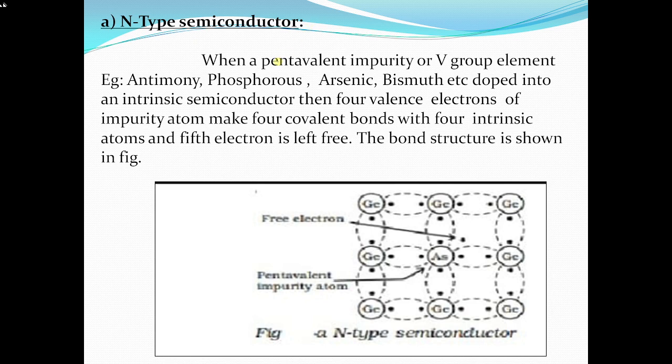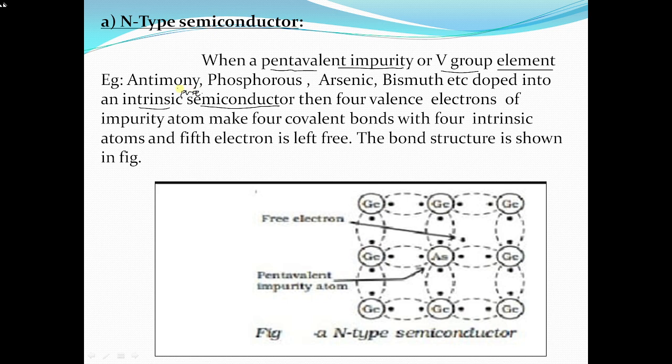Now see here, what we do is take an intrinsic semiconductor, the pure form of semiconductor, and dope it with a pentavalent impurity, or fifth group element.